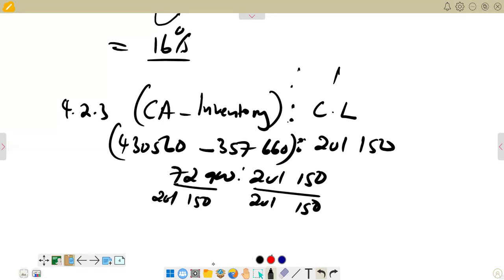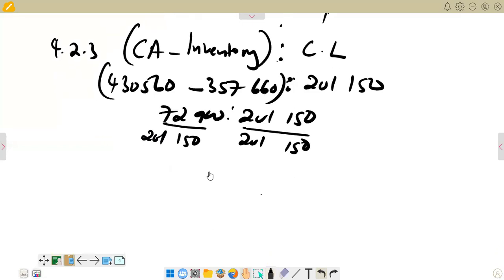If you calculate it correctly, you see that here it's going to remain as 1, because 201,150 divided by 201,150 gives 1. This is our 1 here. And here we say 72,900 divided by 201,150.